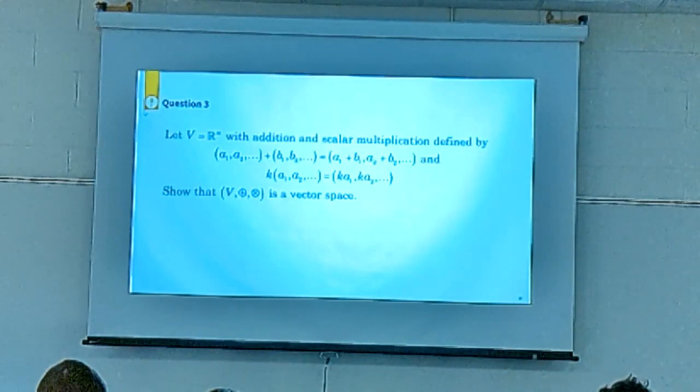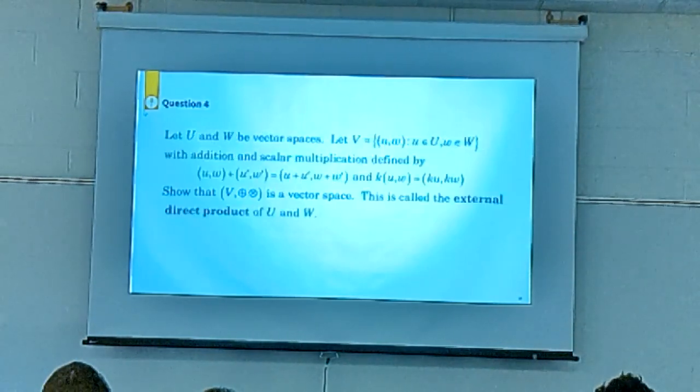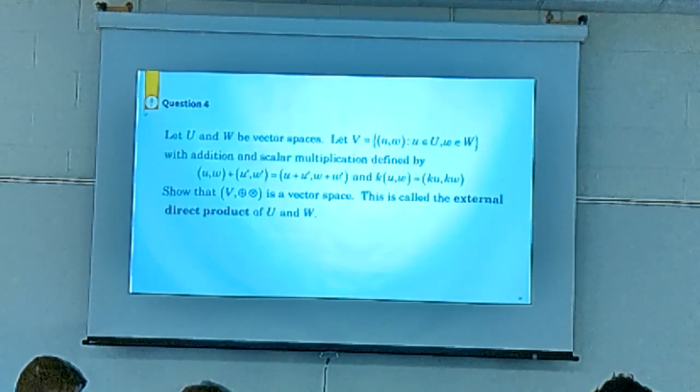Right, so instead of Rn, where we have a finite size vector, this is just infinite. Prove that under standard addition and scalar multiplication it is a vector space. That shouldn't be too difficult to do. This one's really interesting. This one I really want you to take a look at.